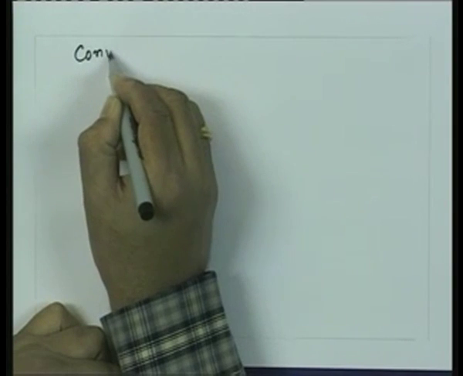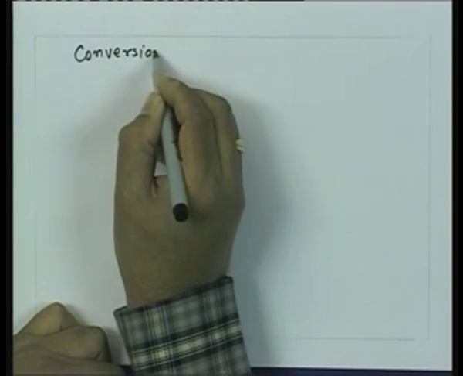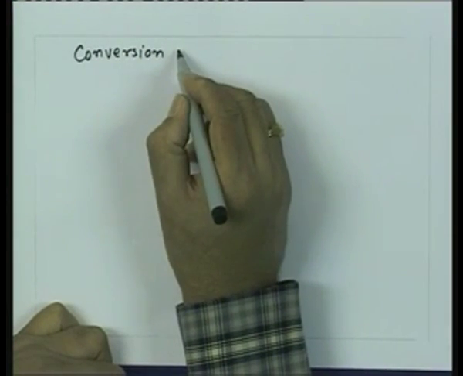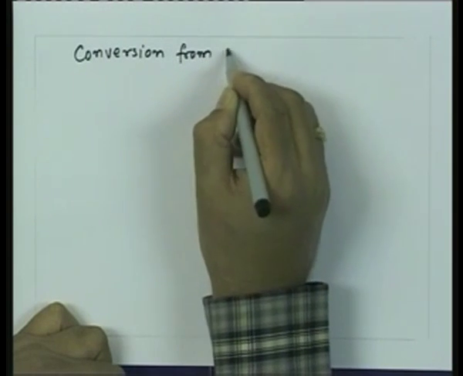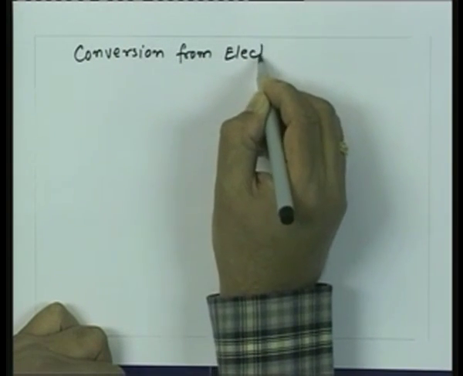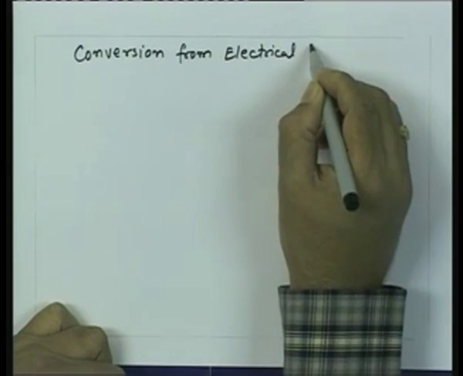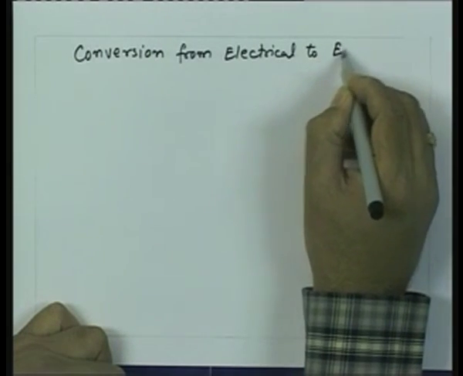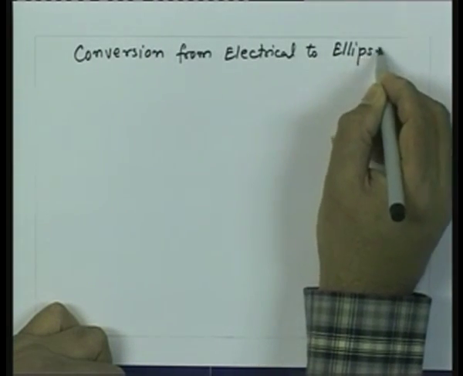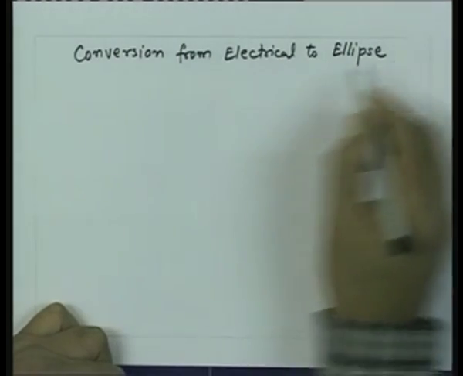If you want to convert from electrical parameters to ellipse parameters, we have the conversion from electrical to ellipse parameters.